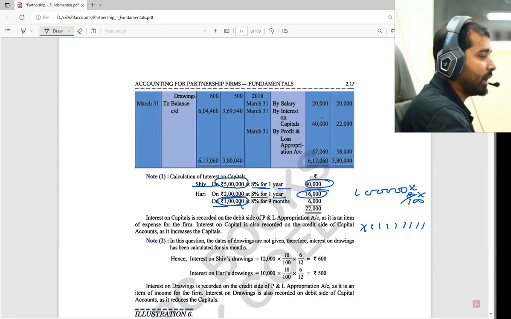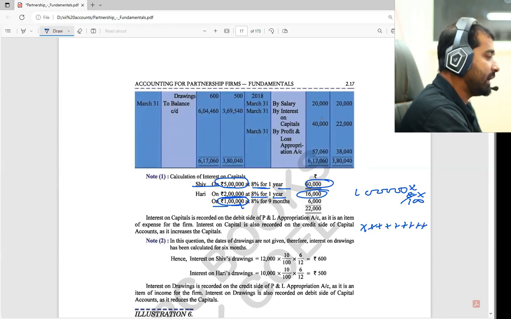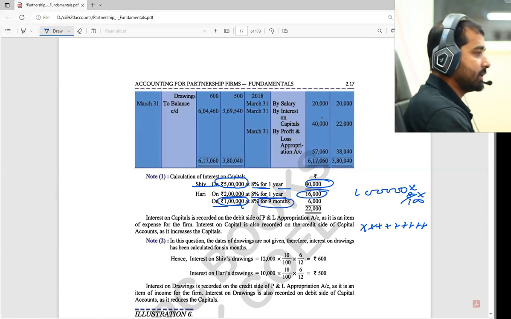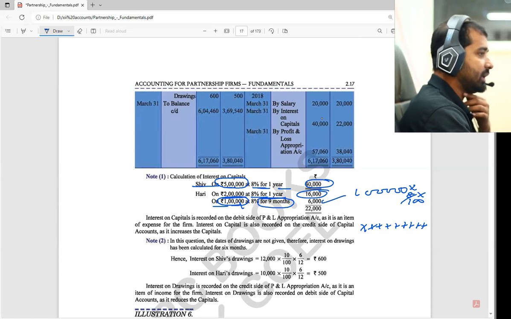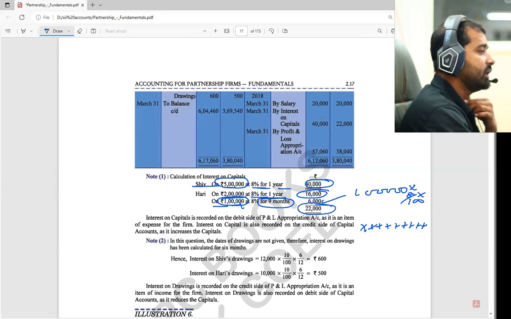Count how many: 1, 2, 3, 4, 5, 6, 7, 8, 9 months. So 9 by 12, for 9 months, that is 6,000. Up to this clear? Yes. Total interest on capital becomes 22,000.